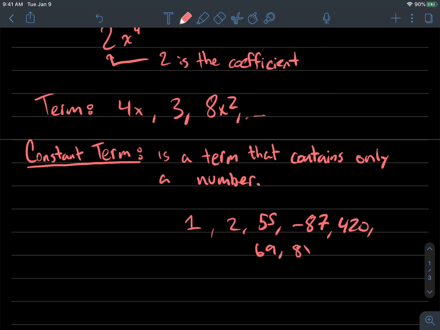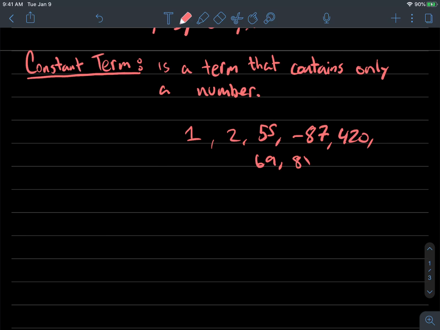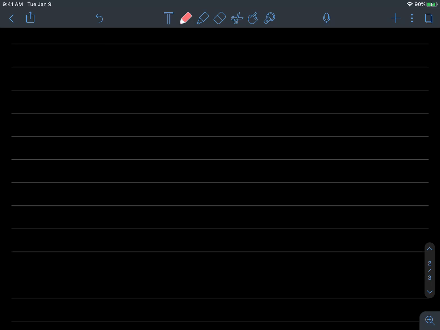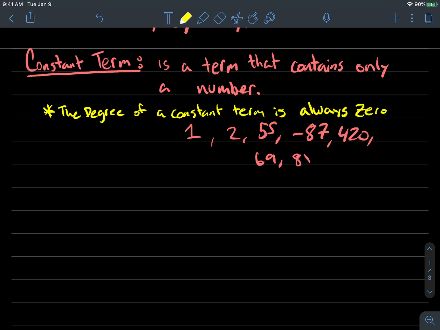And constant terms are just some basic stuff. One thing to always remember: the degree of a constant term is always 0.